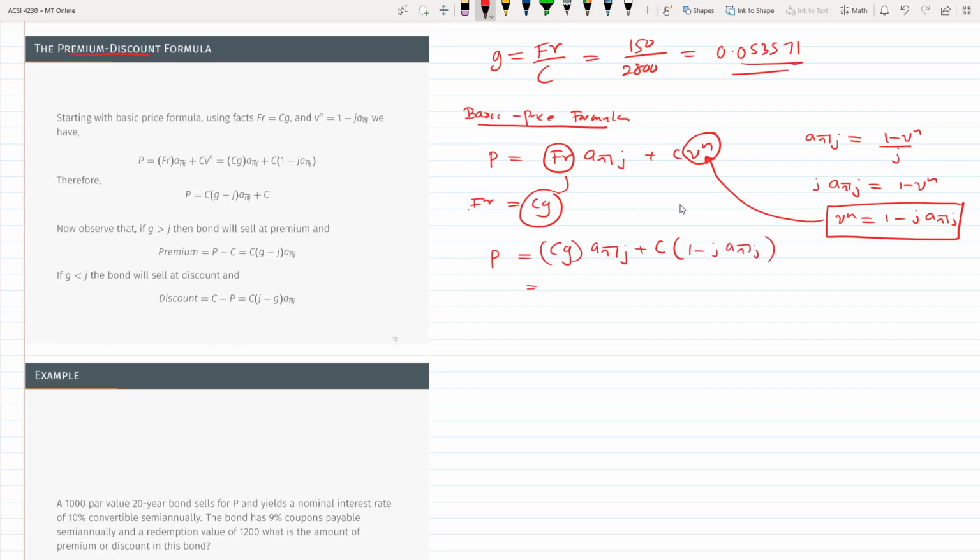So now let's collect the like terms. So if I write this, I would get CG a_n|j. Then I would collect those two terms together and take common factors out.